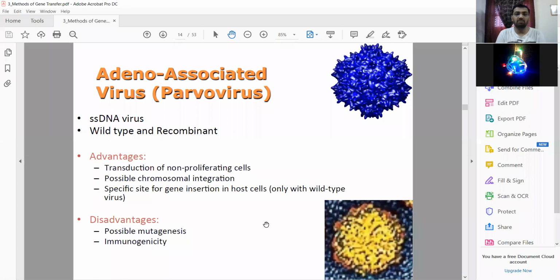Normally, adeno-associated viruses integrate the transgene in the human cells at chromosome 19 at a specific locus, that is AAVS1. The AAVS1 locus is present at chromosome 19, and adeno-associated viruses integrate the transgene into the nuclear DNA of humans at chromosome 19.